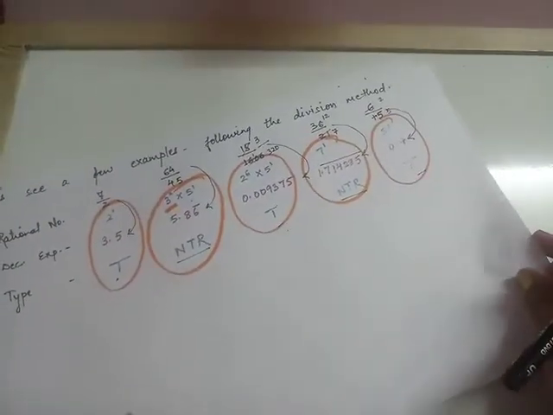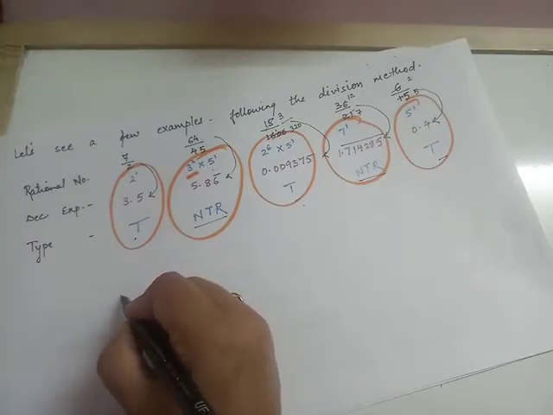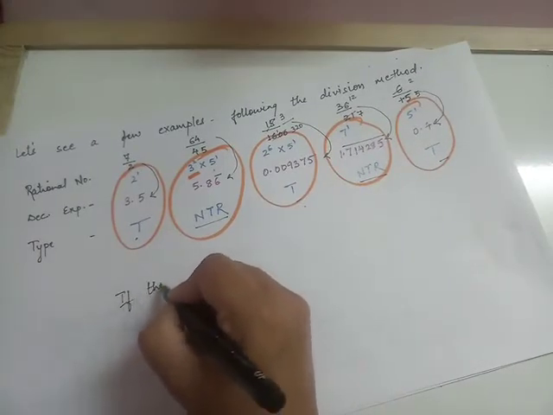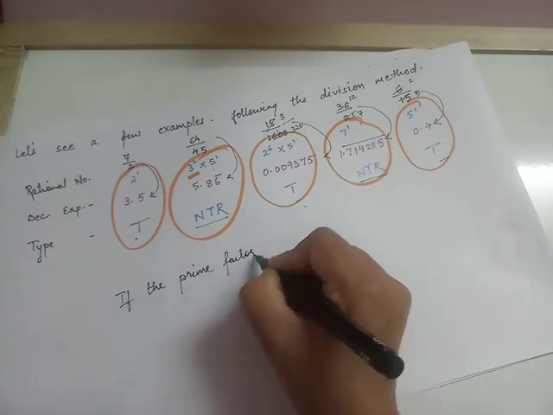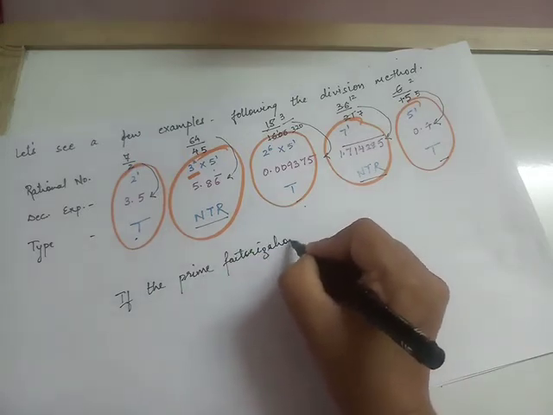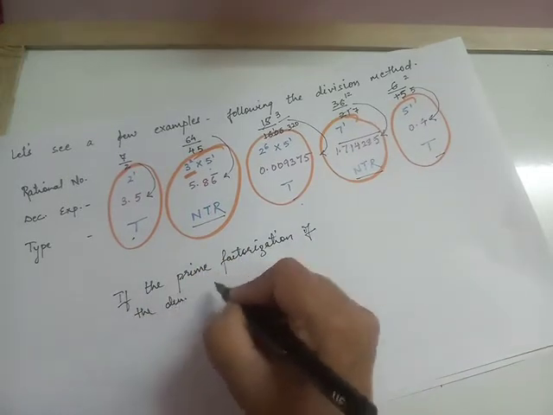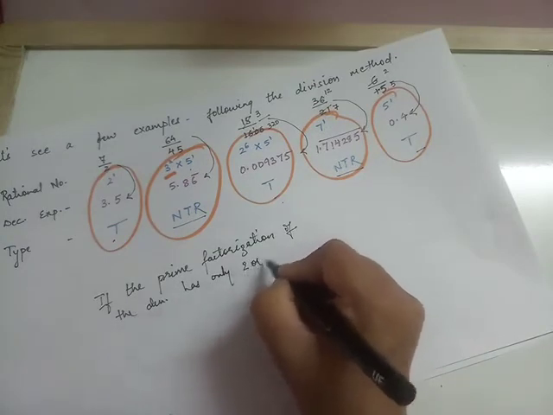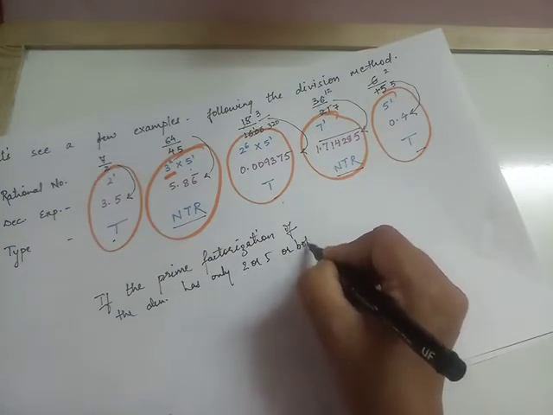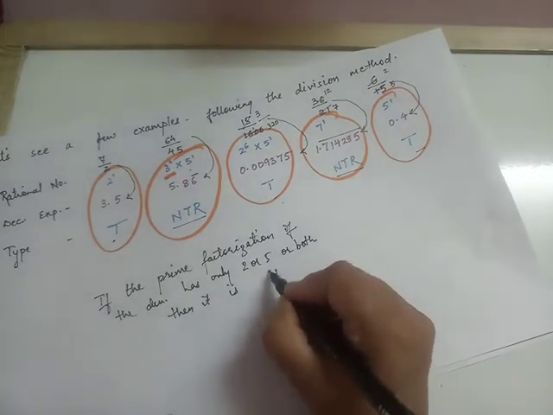If you do more practice, or solve more examples, you will easily find out that if the prime factorization of the denominator has only 2 or 5 or both, then it is terminating.